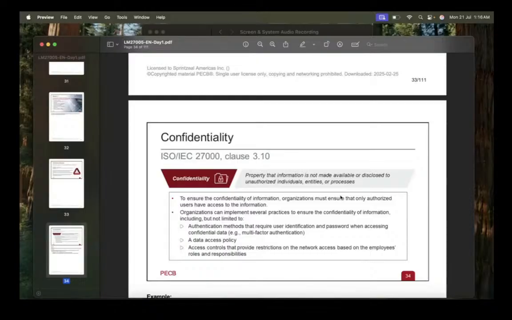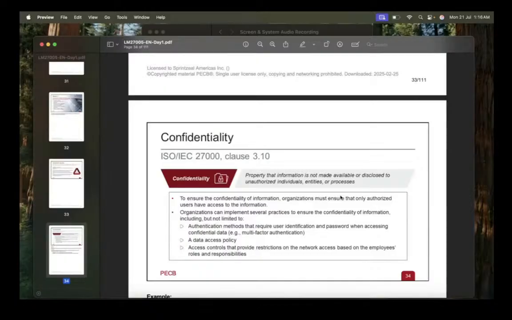It basically requires user identification and password when accessing any confidential data. So this is one of the methods on how organizations can protect their data.